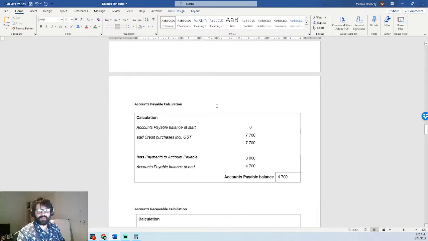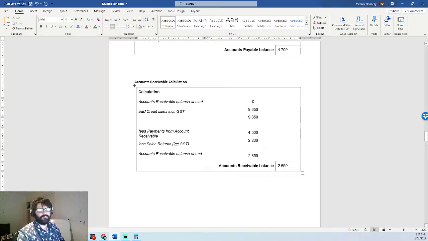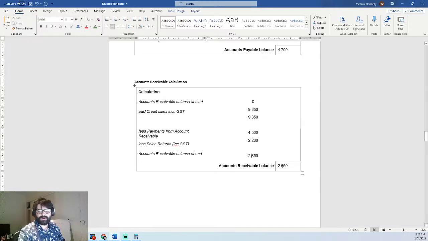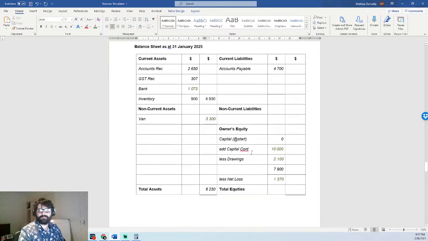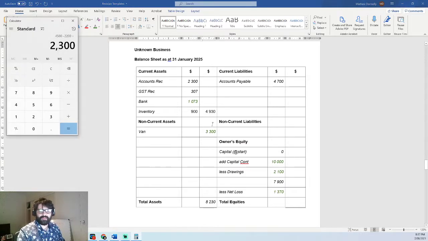Just gonna double check my accounts receivable numbers are correct. Yep. Checks out. That is not correct. That number should be slightly different. So let's just redo those numbers. Yeah, it should be 2300. I was gonna say. Yep, 2300. Cool. It's always good to make sure your numbers are correct. Fun fact there.